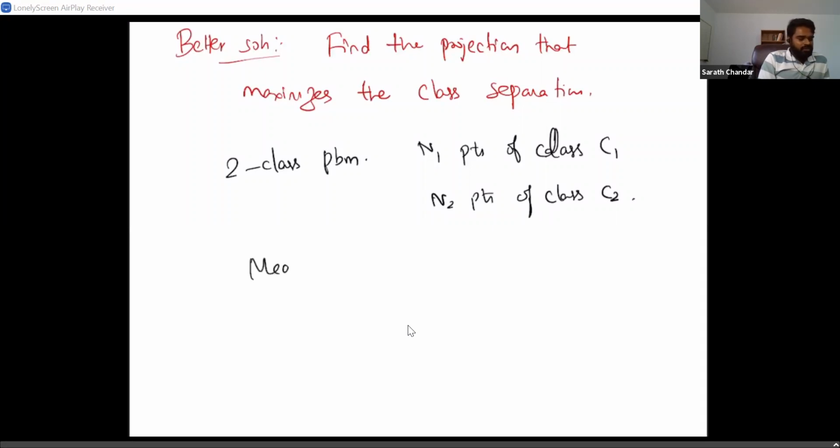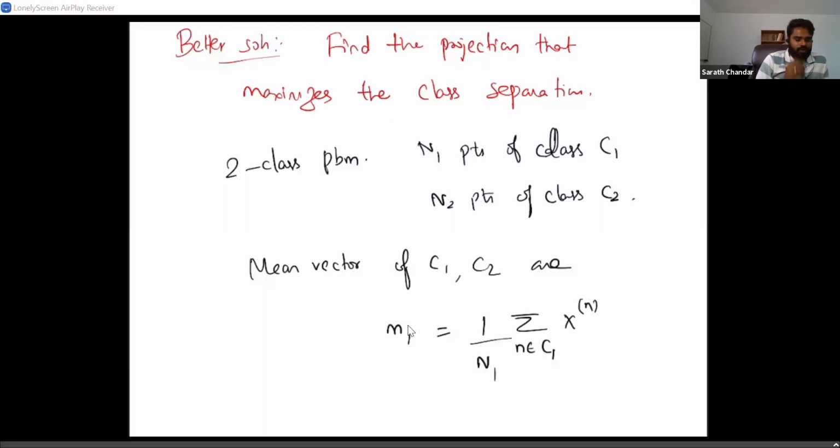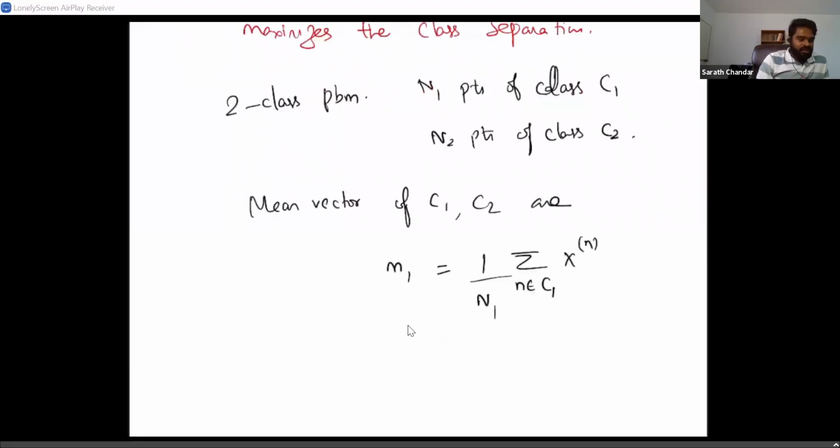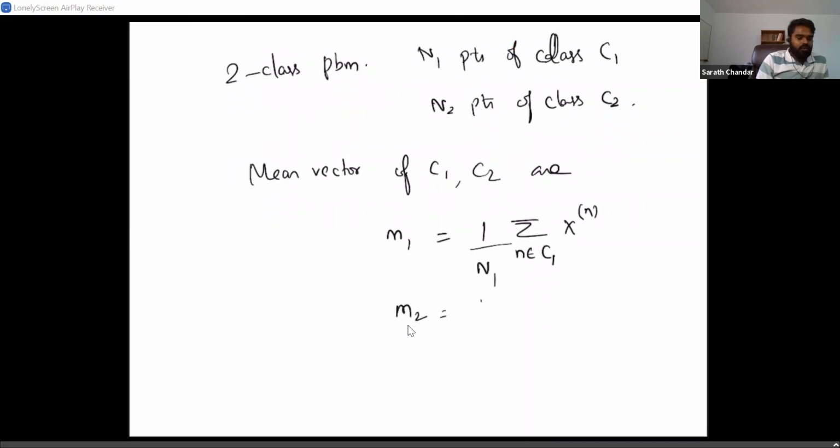The mean vector m1 for class 1 is simply the average of all the data points in class 1, that is, 1 over n1 summation over n belonging to C1 of x^n. Similarly, m2 is given by 1 over n2 summation over n belonging to C2 of x^n.